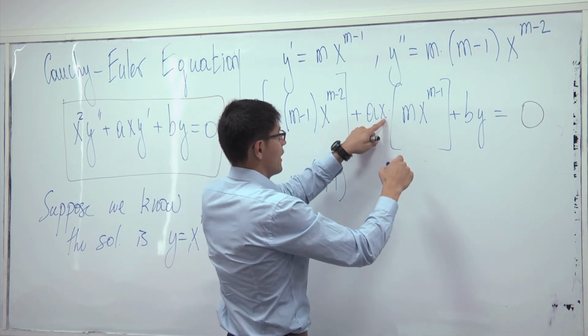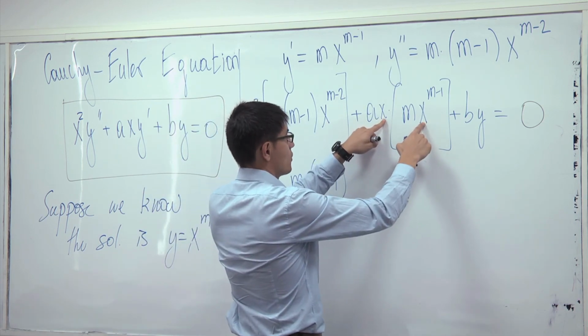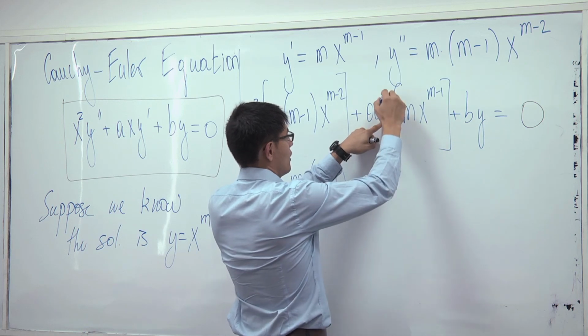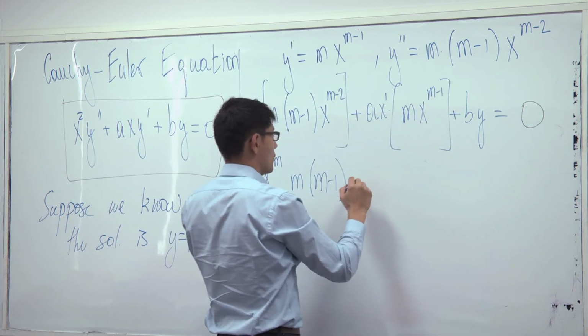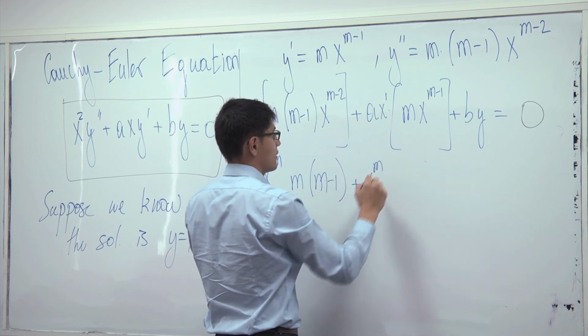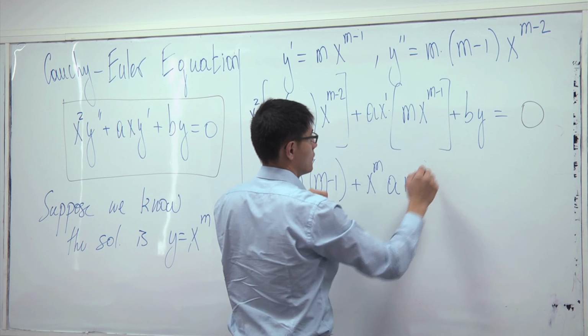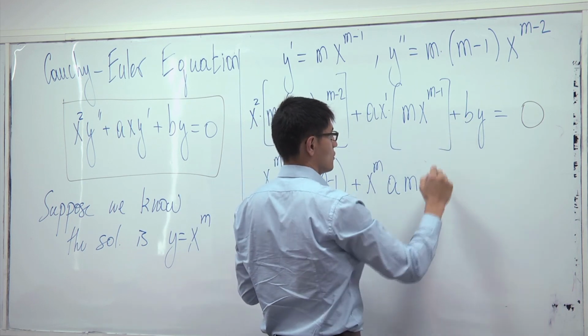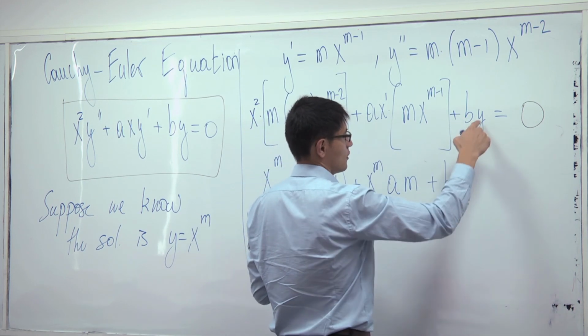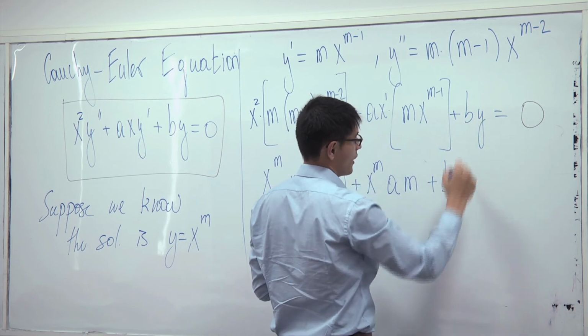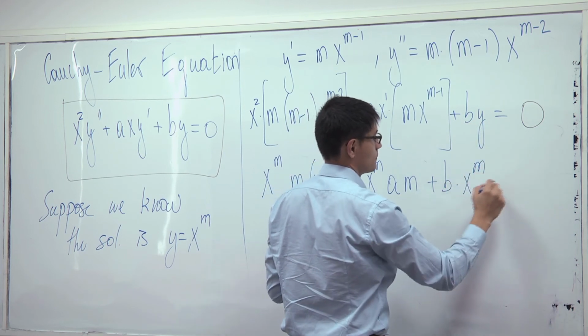Down here, if I multiply x with x to the m minus 1, again, I would be adding the exponents, and that would give me x to the m again. And I have a and m. And over here, let's write, instead of y, x to the m.